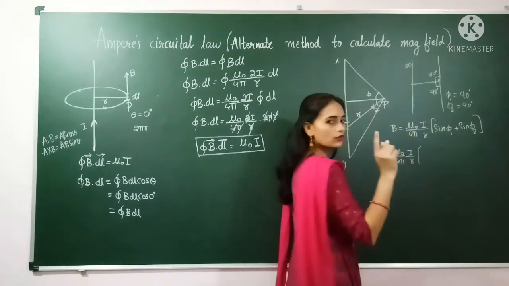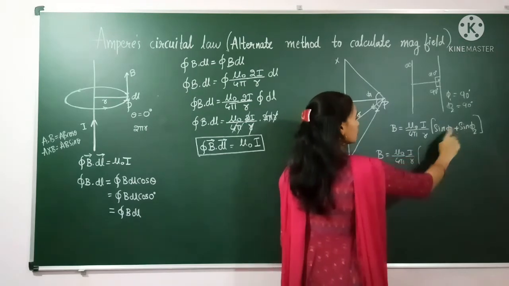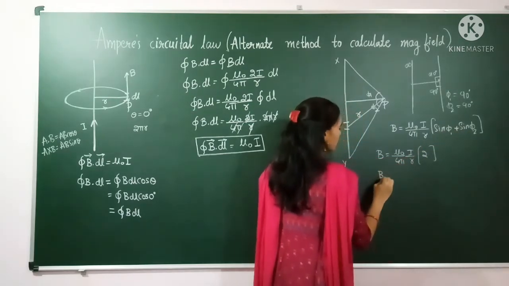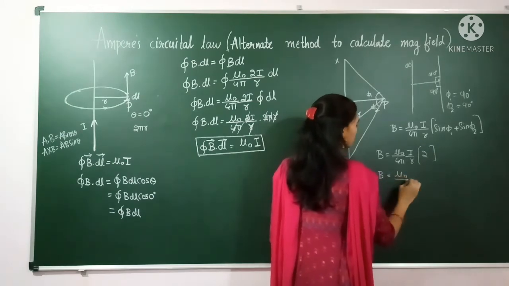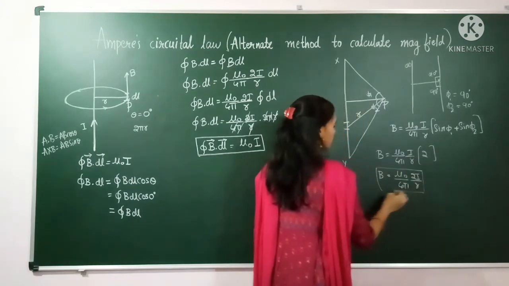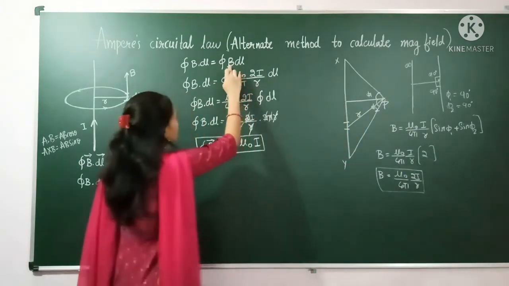The sin 90 degree value is 1, and here also it is 1. So 1 plus 1 will be 2. So now the B value can be written as mu naught divided by 4 pi, 2 into I divided by r. This value I have taken here in place of B.